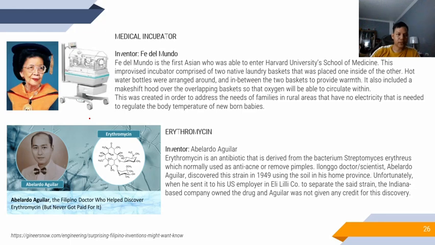The hot water bottles were arranged around and in between the two baskets to provide warmth, and it also included a makeshift hood over the overlapping basket so that oxygen would be able to circulate within. This was created in order to address the needs of families in rural areas that have no electricity, which is needed to regulate the body temperature of the newborn baby. So this is an invention of Fe del Mundo, a medical incubator.